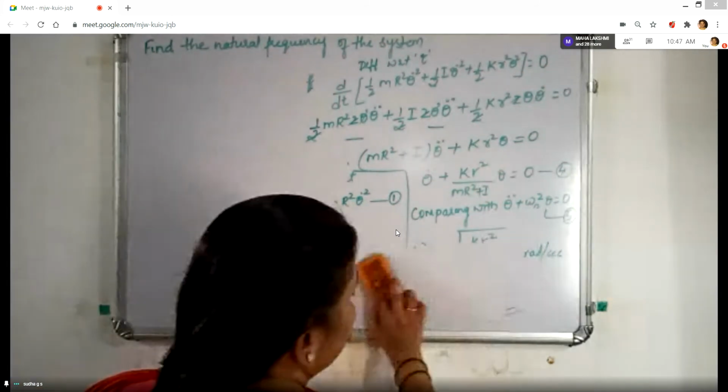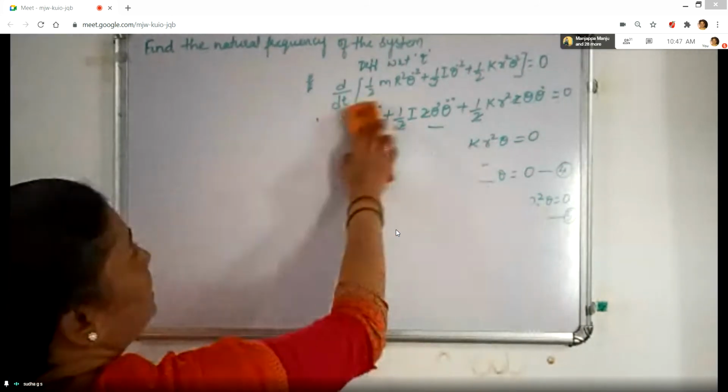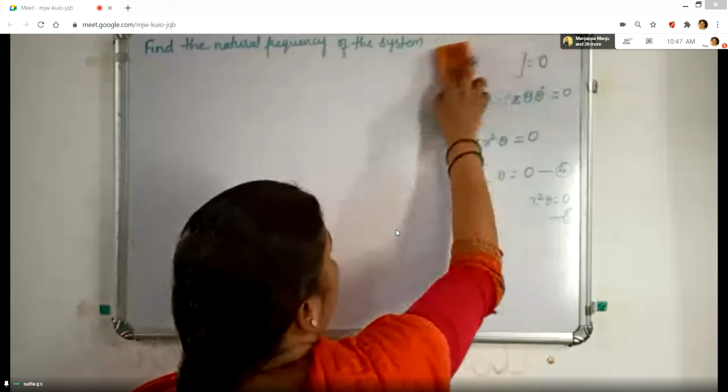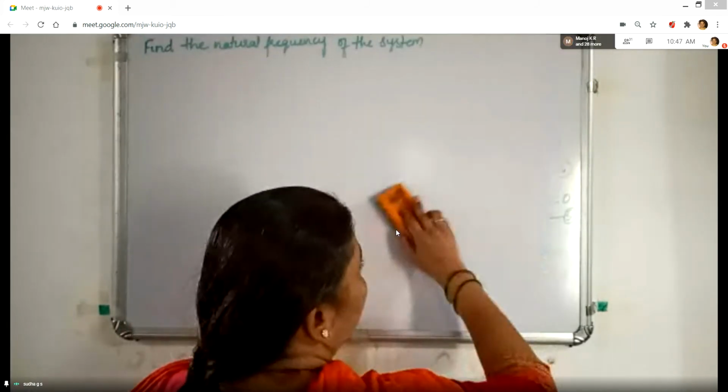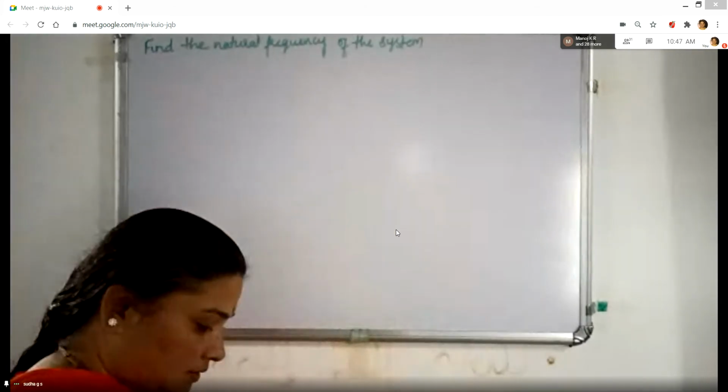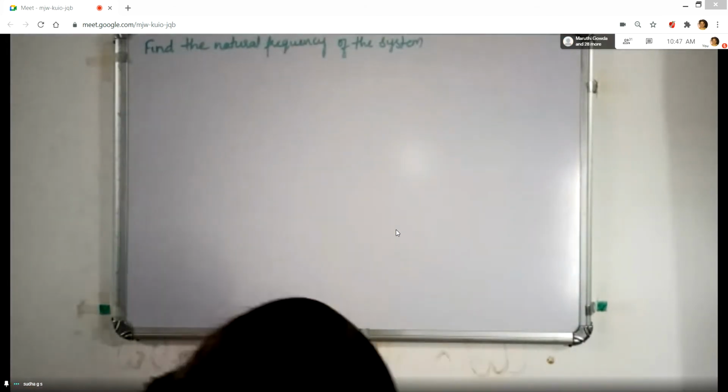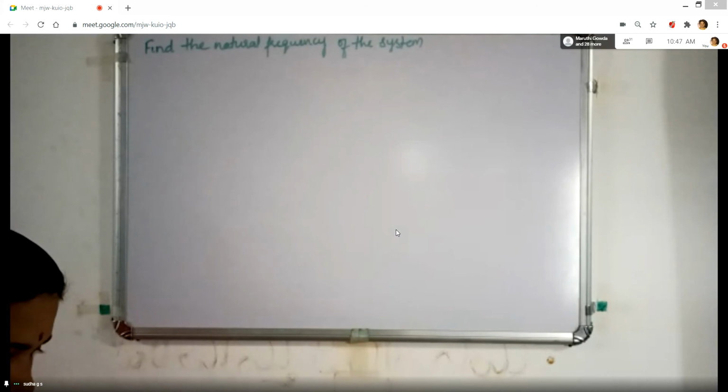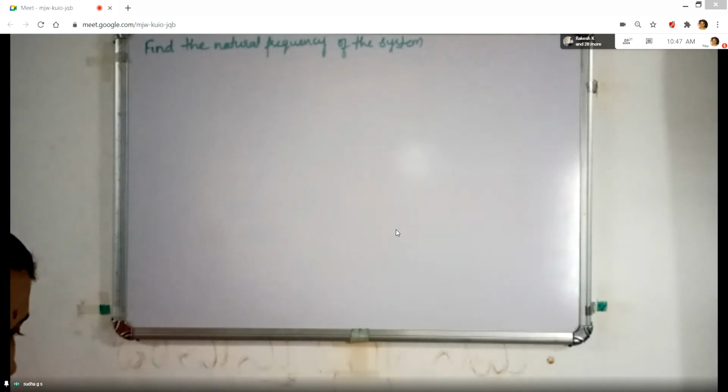So these 2 problems were almost similar except for the radii, capital R and small r. Find the natural frequency of the system.